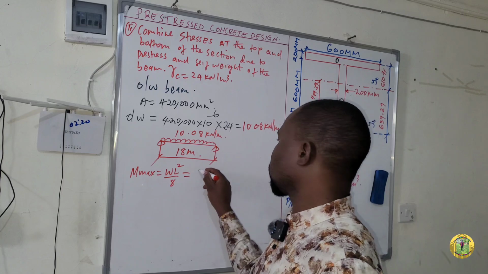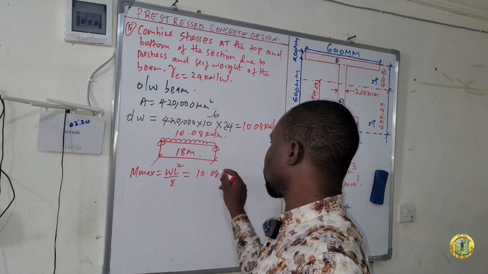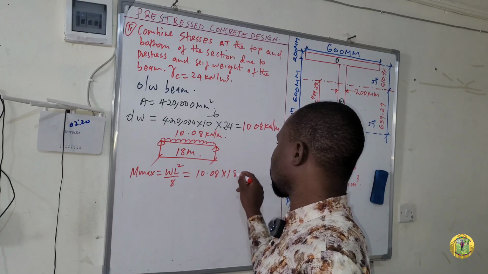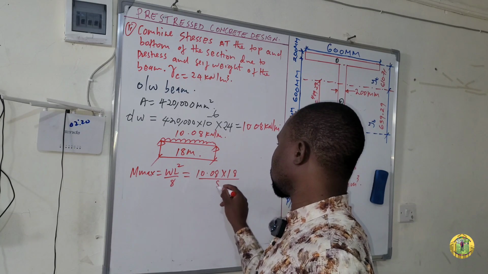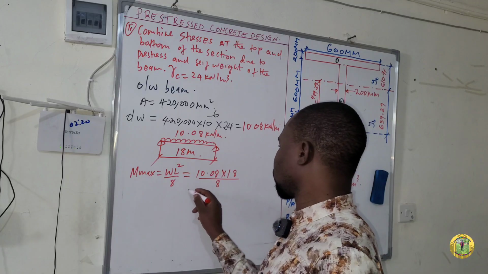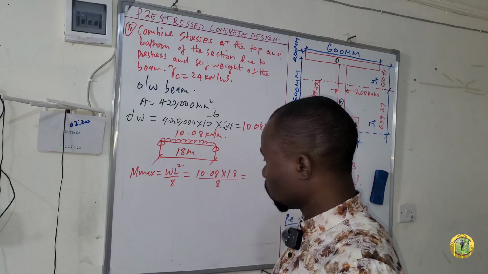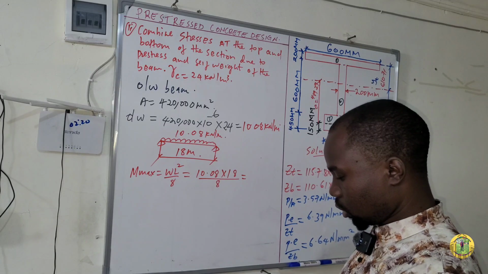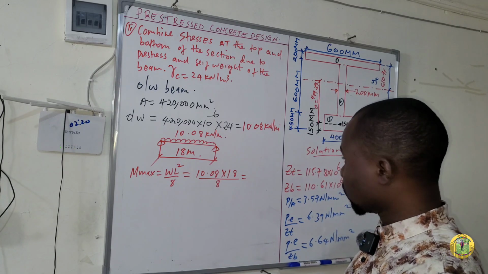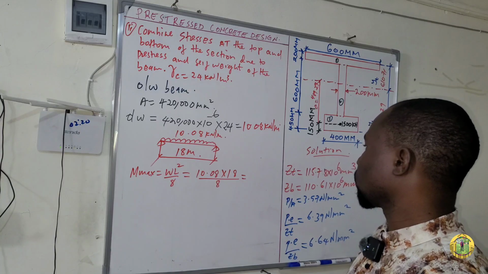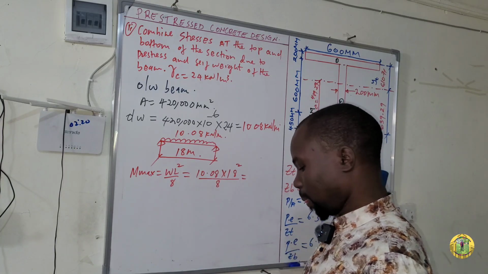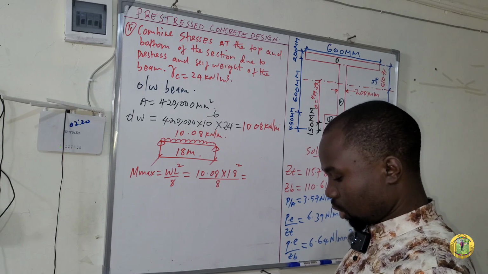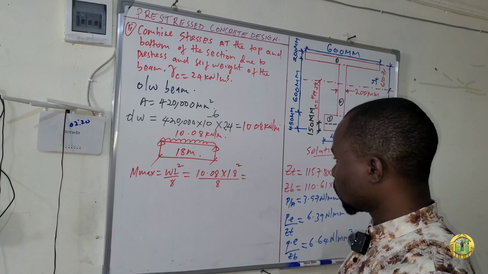This will be 10.08 times 18 square over 8.